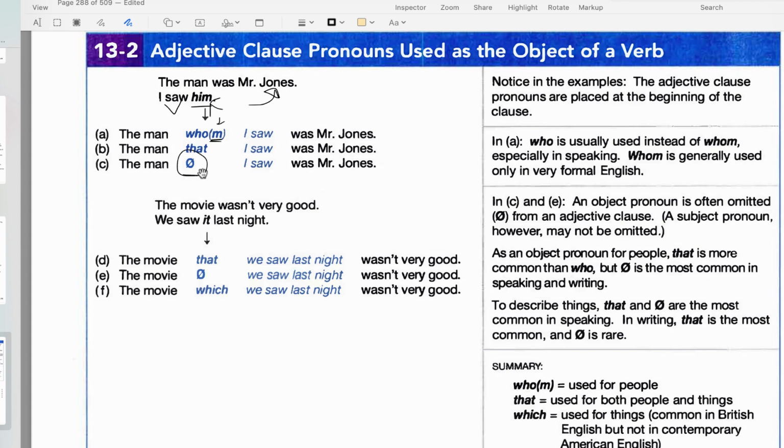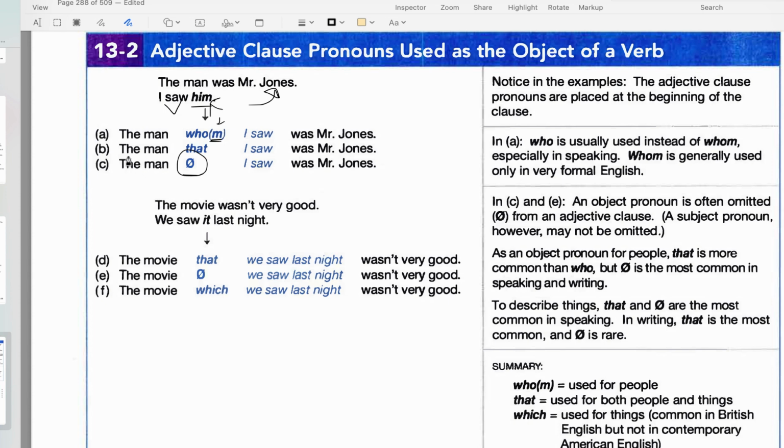We can use it optionally. In other words, we can delete it out of the sentence and it still is grammatical. This is only an object. You can't do that in a subject adjective clause because every sentence needs a subject. So if you deleted the relative pronoun, it would no longer have a subject. I'll explain that to you a little bit more in detail as we go along further.